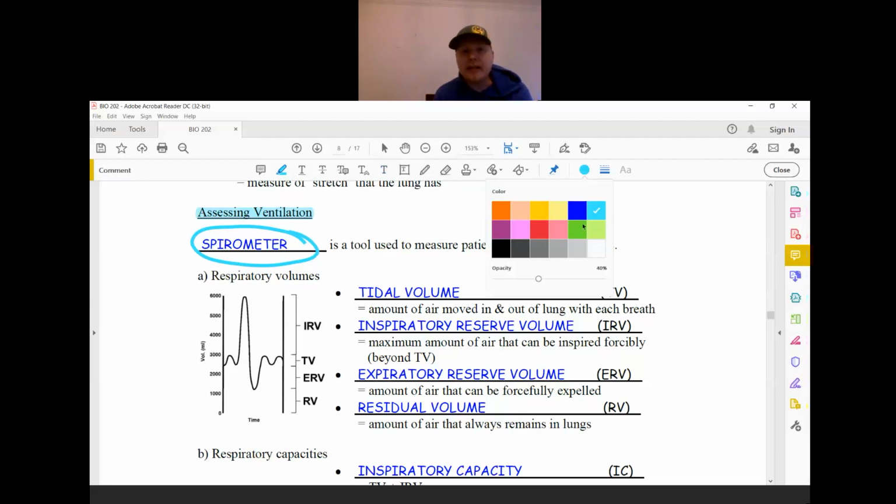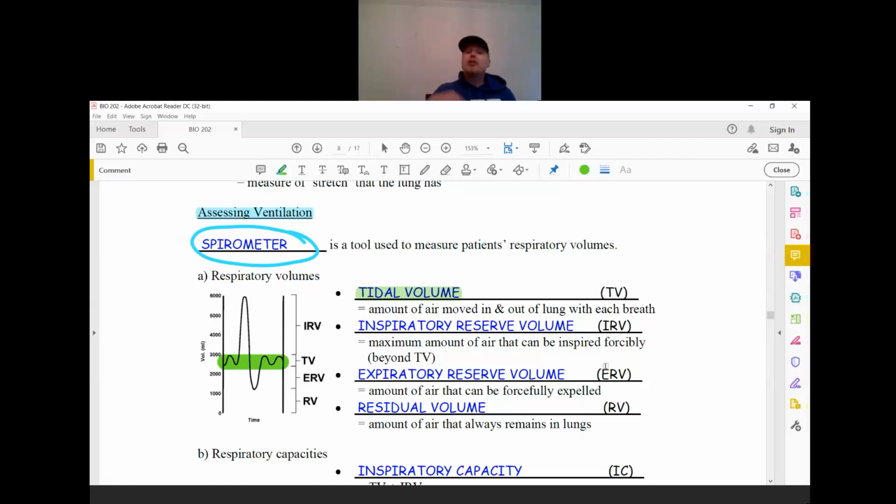And let's look at different kinds of respiratory volumes to start with. Let's start with the tidal volume. Tidal volume is the amount of air that is normally moved in and out as we breathe. So just during the regular breathing, how much air gets moved. The next one that I want to add here is the IRV.